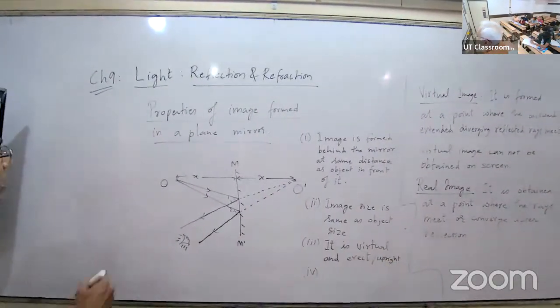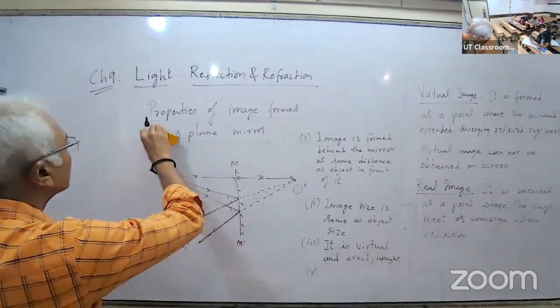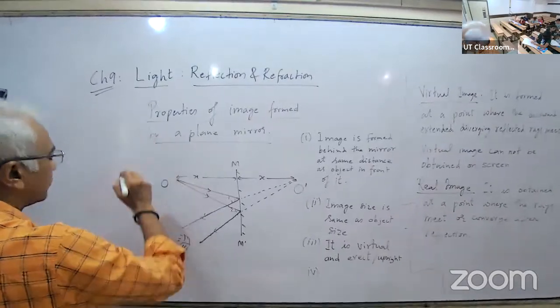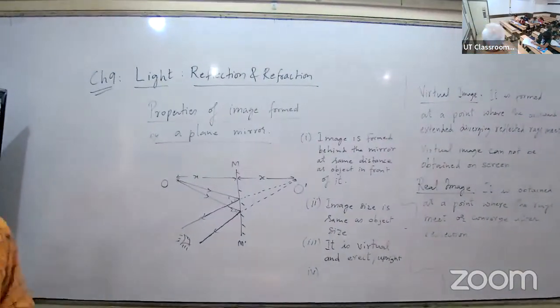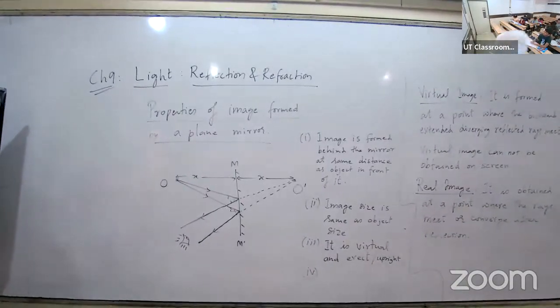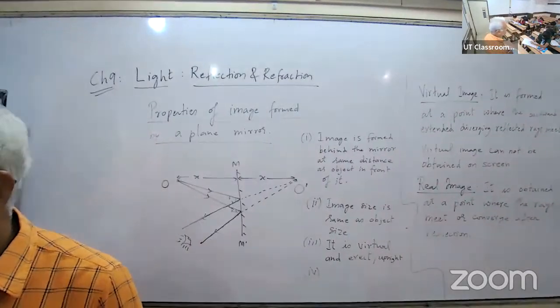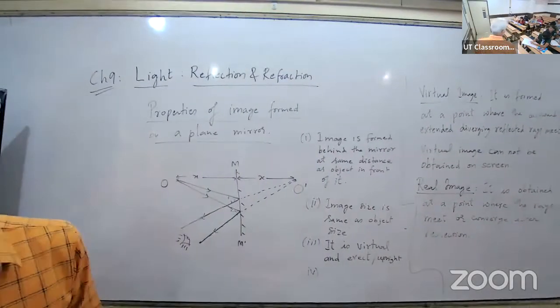You should write this as by, not in. Write by. Yes. What is the last property? The image is laterally inverted. Right?